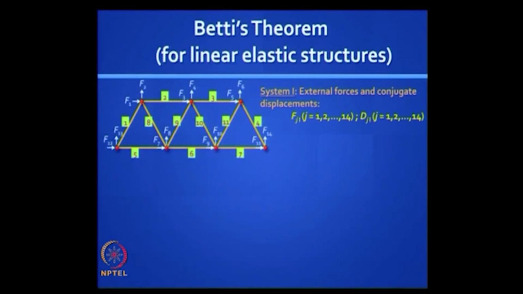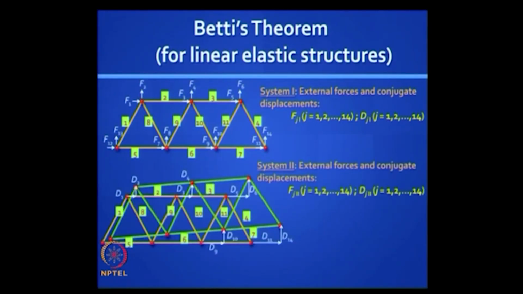Betti moved further and gave a more generalized expression of the reciprocal theorem. It is reciprocal in the sense the effects are reciprocal. And here Betti talked about the entire system. So you look at the force field system 1 and the conjugate displacements. You look at both the force field and displacements, but you need to look only at the joint forces and displacements.